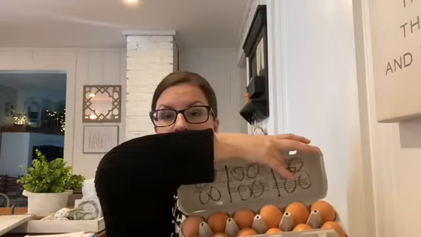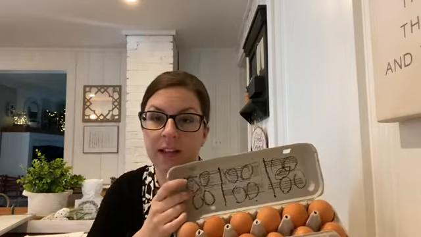So 1 out of 3 sets of eggs he used. So this carton is divided into thirds, 3 sets, 1, 2, 3, and he used 1 of these sets. So we need to find out how many eggs Sam had to use. So we need to find 1/3 of 12.